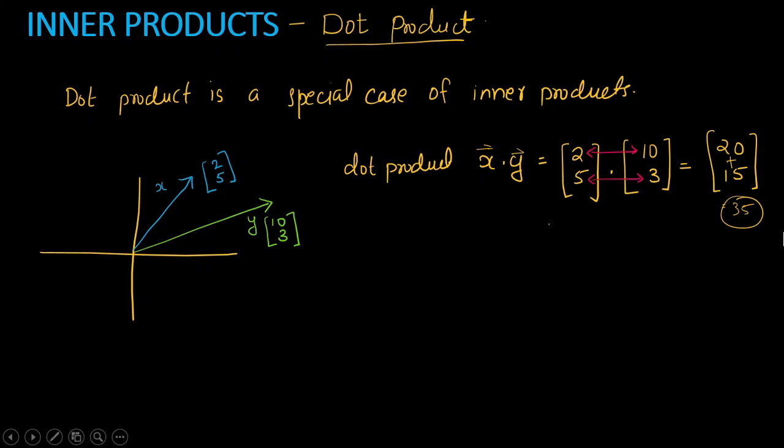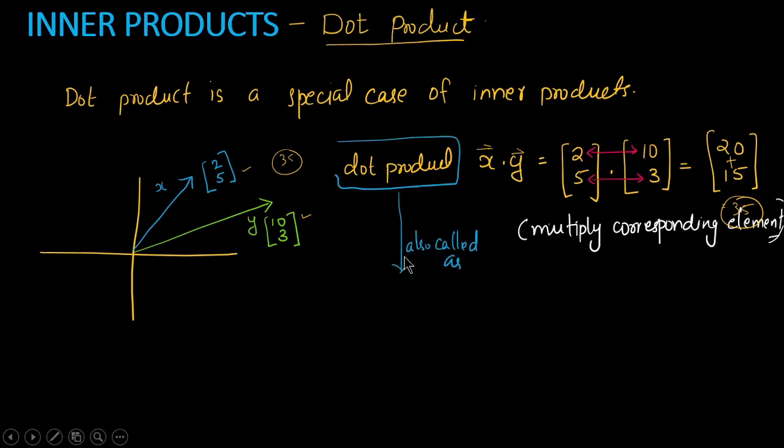This gives you a scalar number. The real number representing these two vectors is 35. So we are getting a real number, or a scalar value, over here. This dot product can also be called a scalar product.